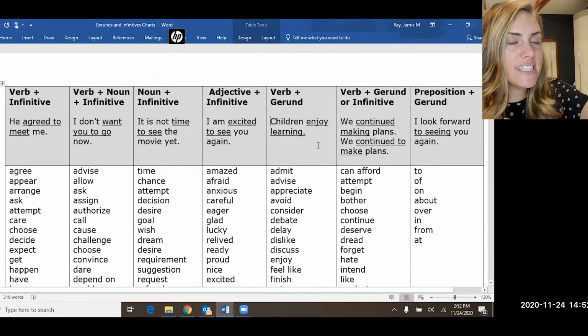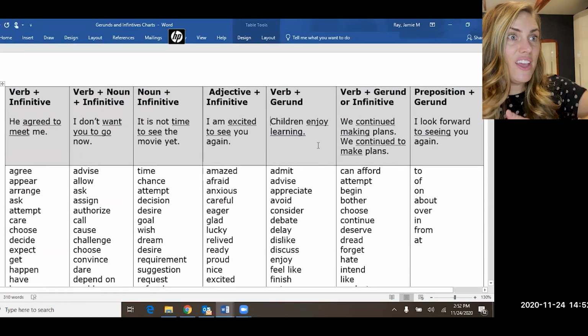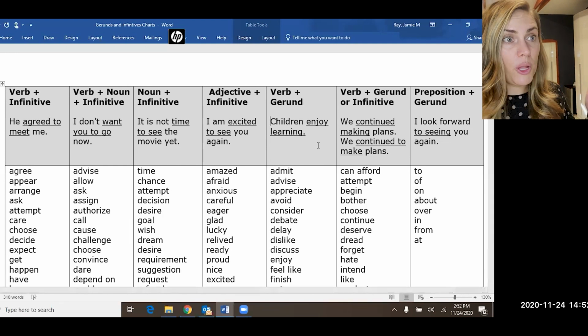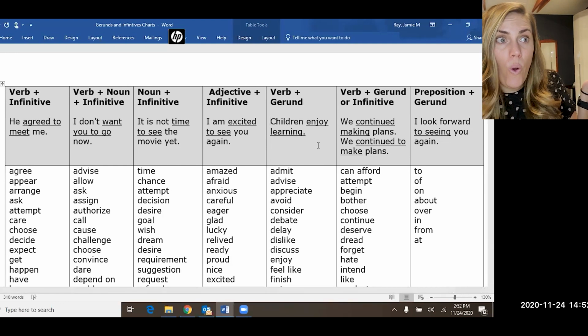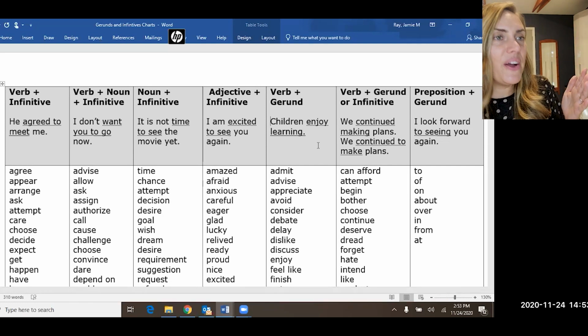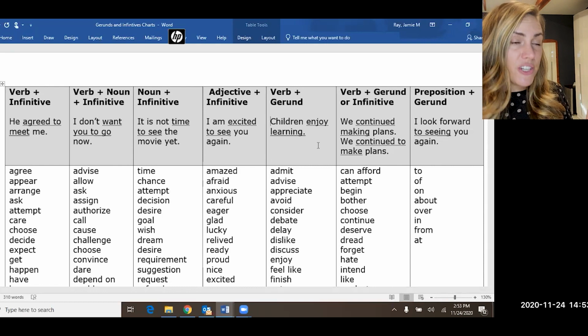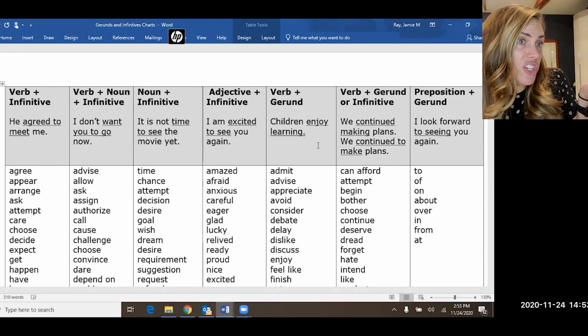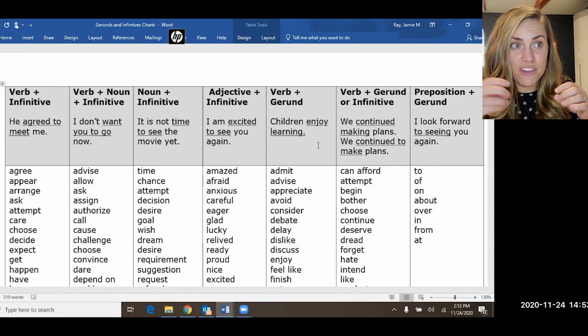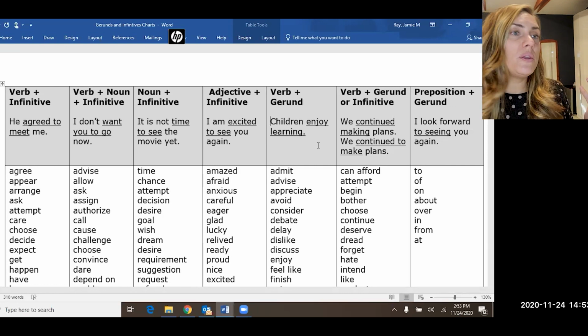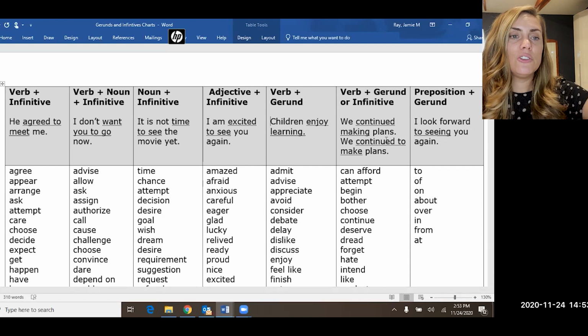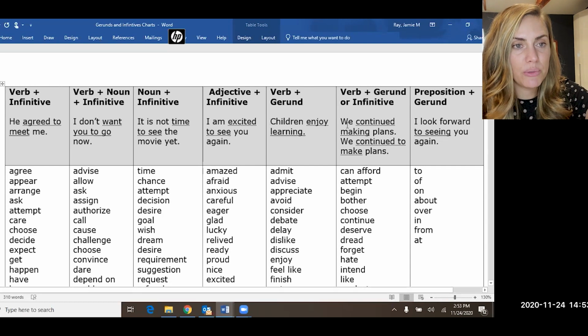Okay, the next list is when we use a verb plus a gerund or an infinitive. Isn't that great? Okay, it's just not easy, right? It's harder and harder. But certain verbs can take a gerund and they can take an infinitive. What? Okay, it would be nice if they were all like that, but they're not. Okay, so we can look at the examples here.